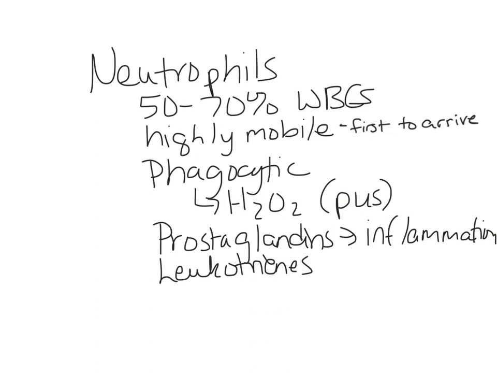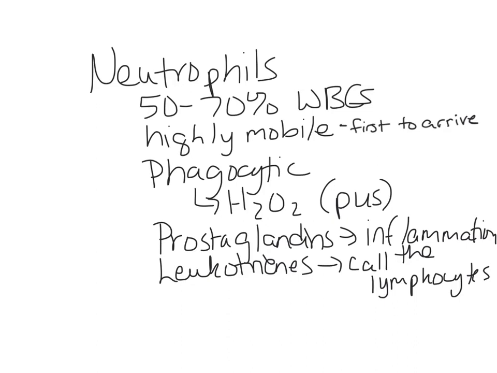And what leukotrienes do is they call for other white blood cells, other lymphocytes, to be there. So they're basically saying, you know what, there is an infection going on here. I need those lymphocytes here now so they can identify what this infection is. That's basically what they're saying.